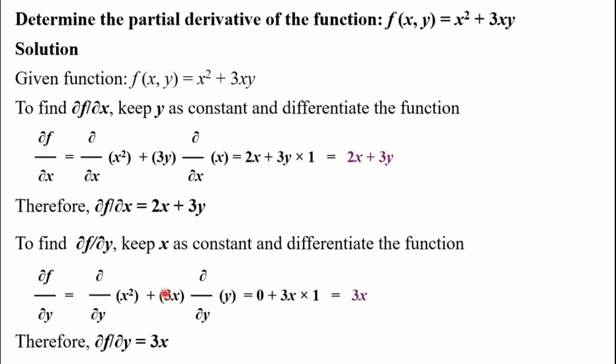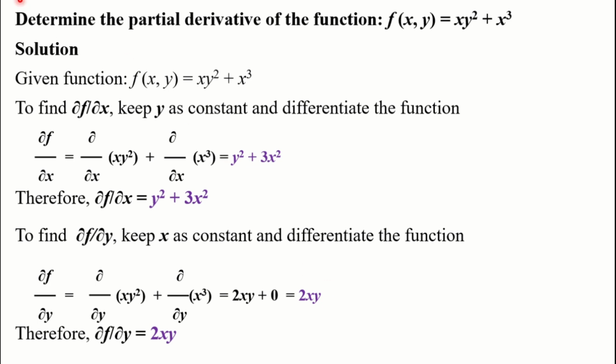This x is multiplied with y, so we bring it outside the partial derivative sign. 3x into the partial derivative of y with respect to y. As x square is a constant, its partial derivative is 0, plus 3x into the partial derivative of y with respect to y, which is 1. That's why the partial derivative with respect to y is 3x.